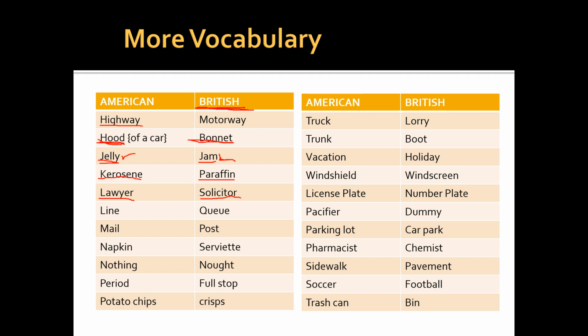In American English, they say line. It's a huge line. But Britishers say it as a queue. In American English, they say mail, whereas the Britishers say it as post. Post box. In American English, they say it as mailbox, and Britishers say it as post box. See?